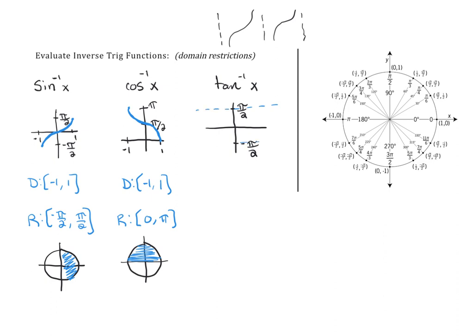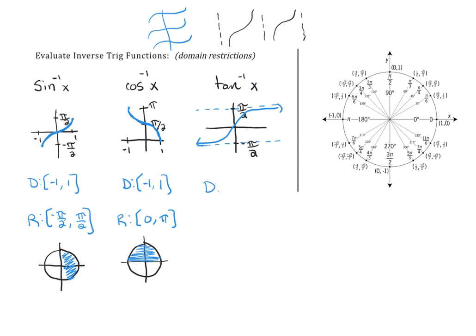And we can't have the tan function over and over again. That's not a very good sketch, but that would not be a function. So what we're going to have is just one like this that has the range from negative pi over 2 to pi over 2.